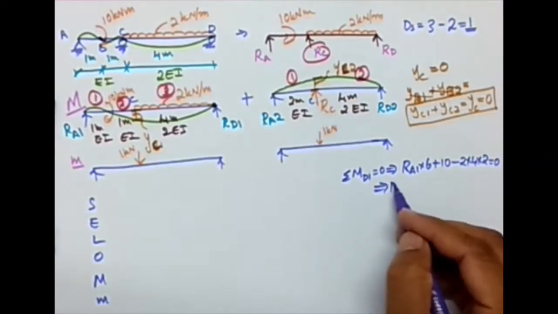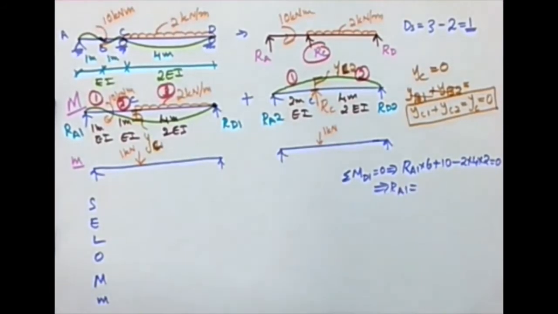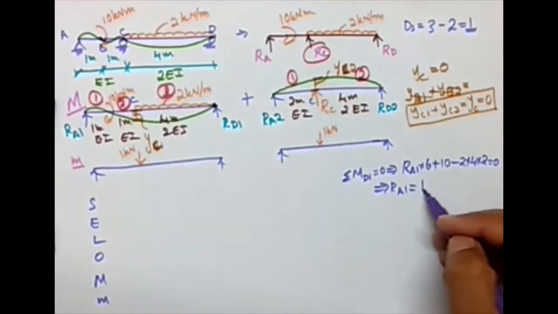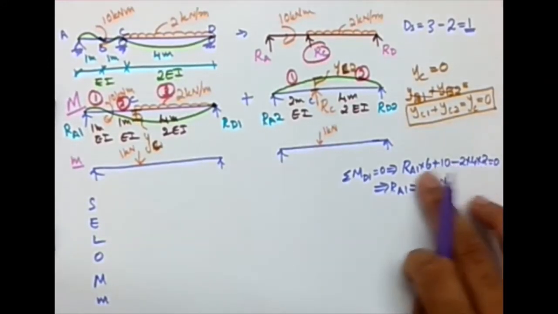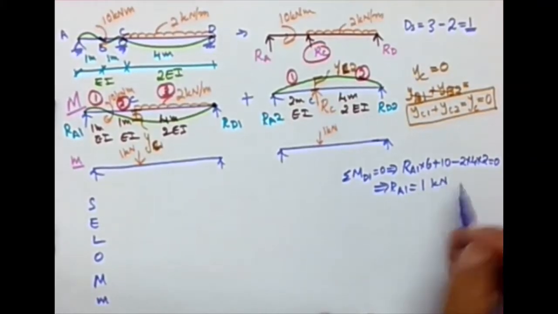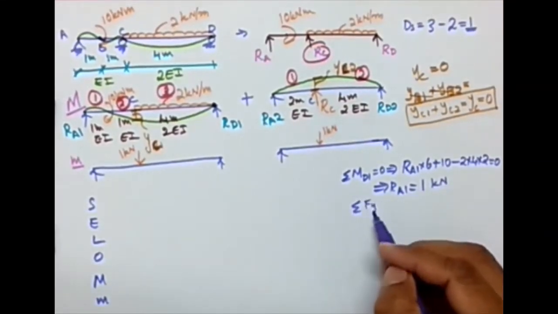So RA1 is equal to 2 times 4 times 2 minus 10, divided by 6. What I'm going to get is RA1 as 1 kilonewton. 8 times 2 is 16, 16 minus 10 divided by 6, 1. Okay, I got RA1.